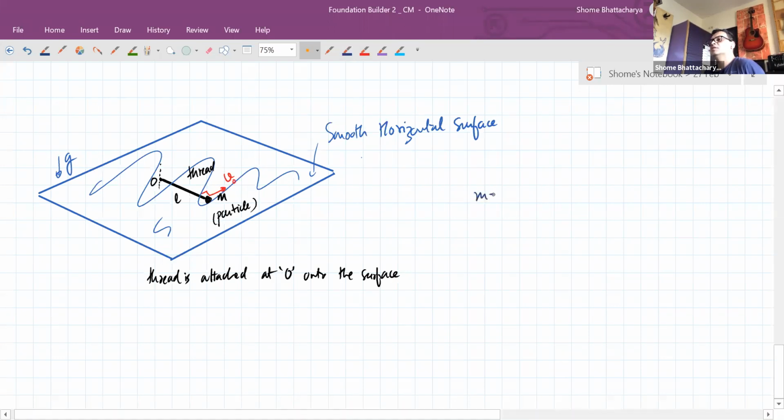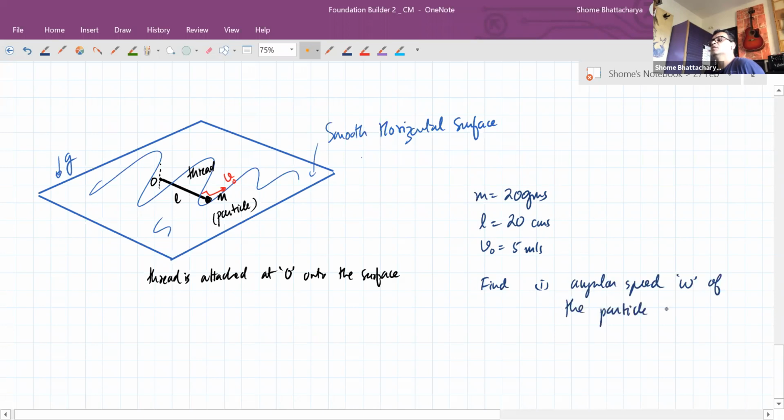So the mass of this particle is given to us as 200 grams. The length of the thread is 20 centimeters, and the initial velocity we are giving it has a magnitude of 5 meters per second. So now we have to find the angular speed omega of the particle in circular motion as it moves.